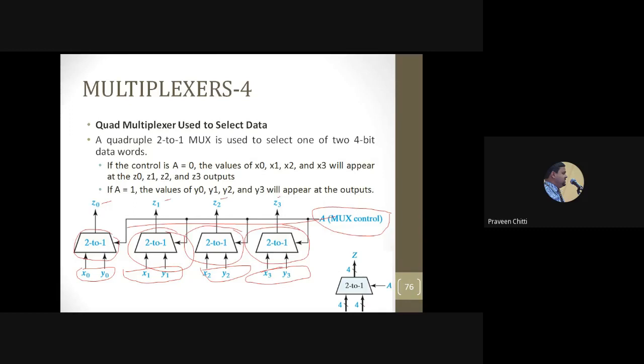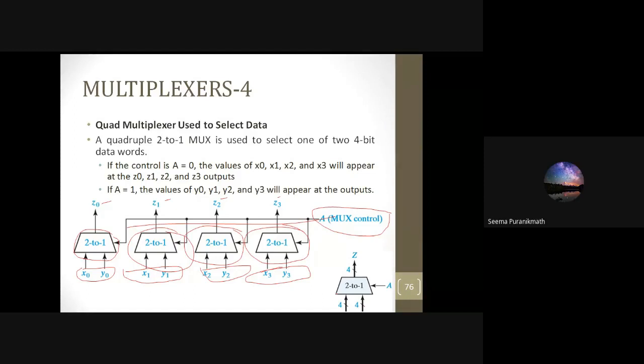Now, how does this combination, the quadruple 2:1 mux structure, work? Whenever A is 0, and that A is given to all the muxes, what input will the first mux select, the second, the third, and the fourth? All of you say it. When A is 0, which input will be selected by each of the four muxes?